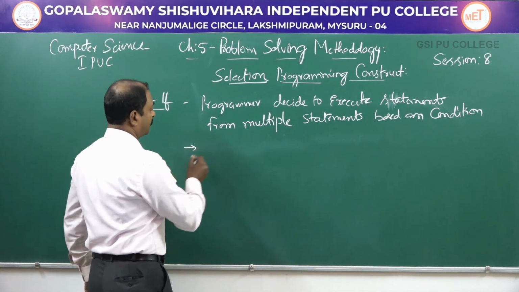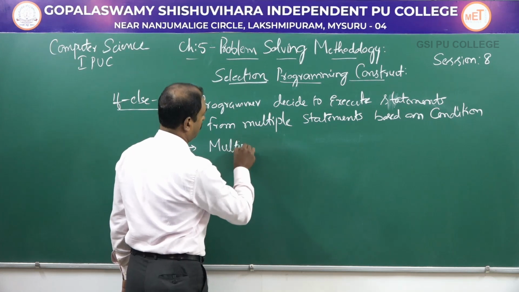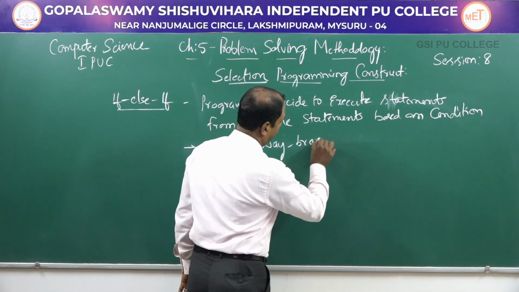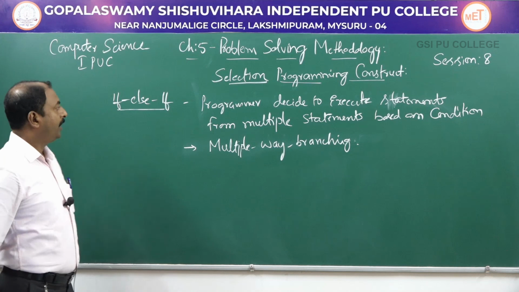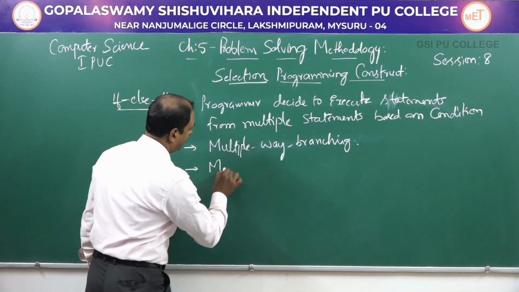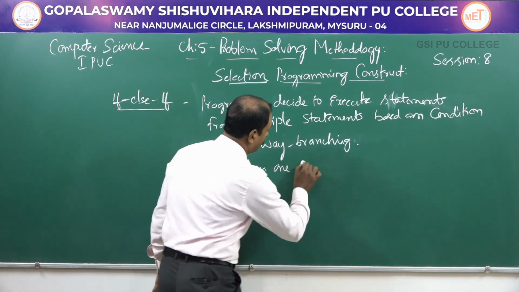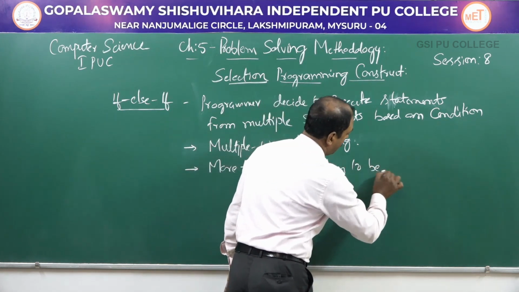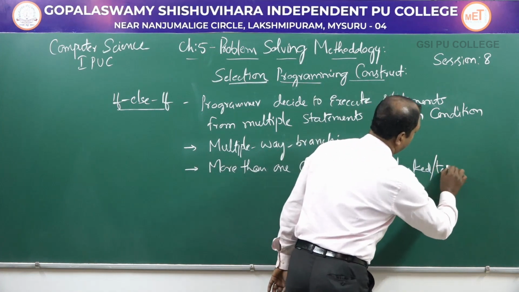This construct is called a multiple way branching statement. And here this statement we are using where there are more than one condition to be checked or tested.